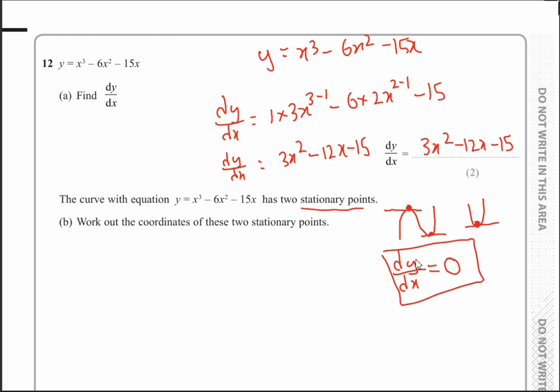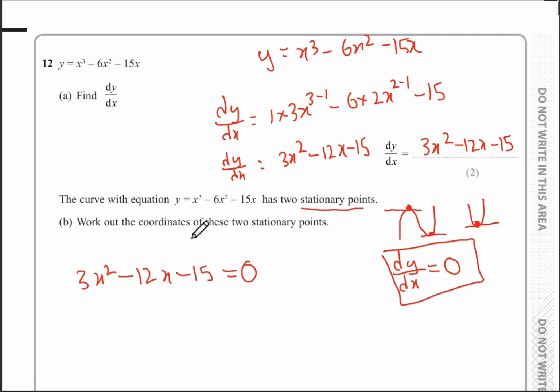That's the speciality. Work out the coordinates of these stationary points. So there are two. I have to find the coordinates. So dy over dx I already found in part A, which is 3x squared minus 12x minus 15. I equate it to 0. And this is a quadratic, guys, so you put it in the calculator. My A is 3, B is minus 12, and C is minus 15.